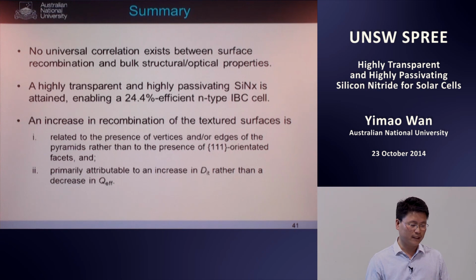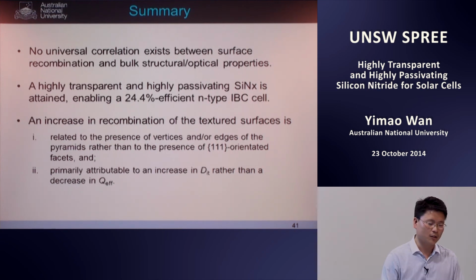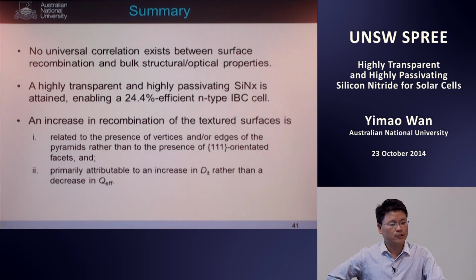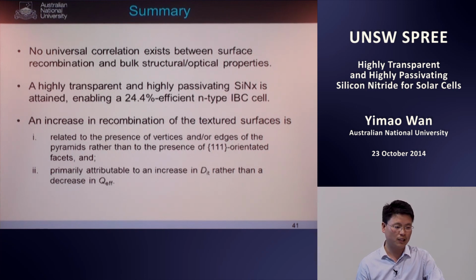So the conclusion or suggestion is that for the bulk property, I don't think it depends strongly on the system; the relationship between bulk property and atomic ratio doesn't depend on the system. But for the passivation, it depends quite strongly on the PECVD reactors.